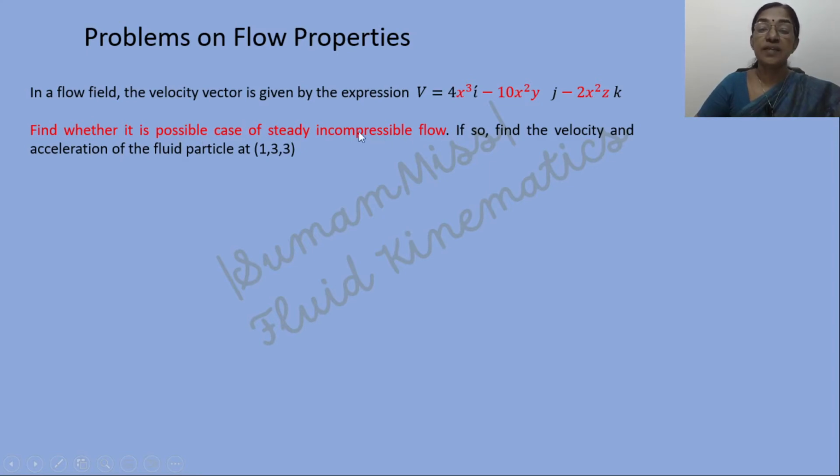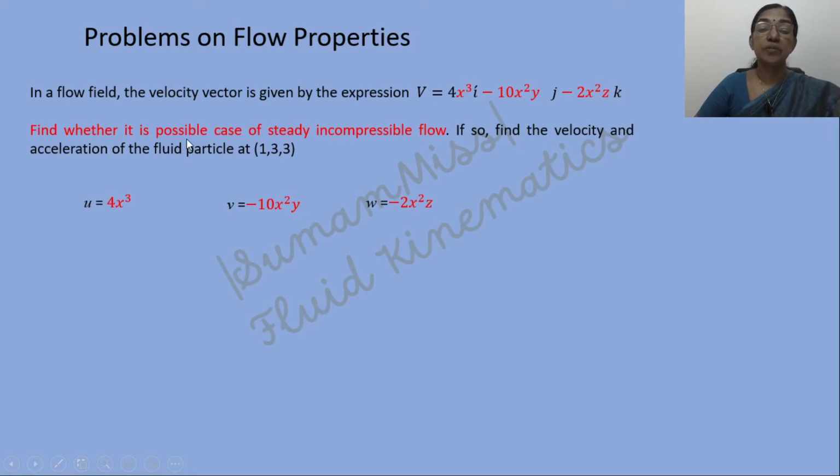If this flow exists, then we have to find the velocity and acceleration of the fluid particle at the point 1, 3, 3 corresponding to xyz. This velocity vector represents three-dimensional flow. The velocity component u is given as 4x³, v is given as minus 10x²y, and w is given as minus 2x²z.